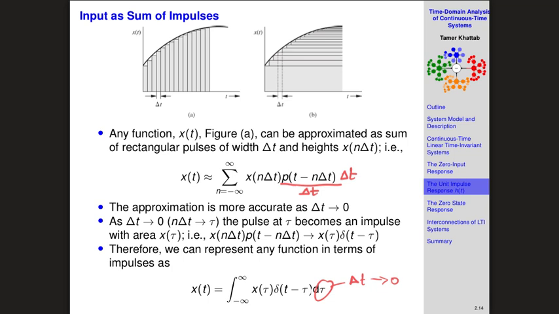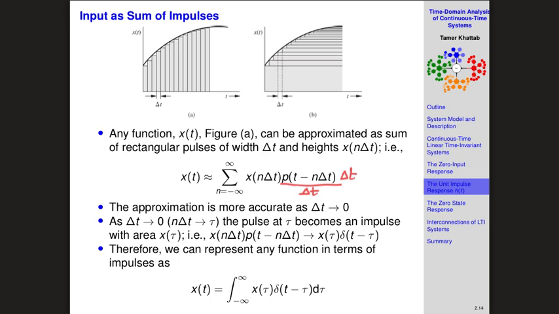So we end up with a general expression without any approximation now, because as we take the limit as delta t goes to 0, it's no longer an approximation, it's an actual representation. A general expression that says that any continuous time function can be represented as an integration of delta functions shifted in time, right?